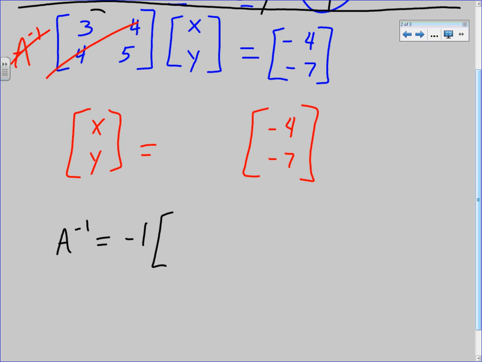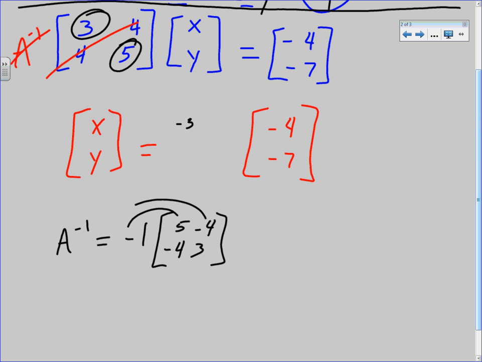All right, 3 and 5 trade places, and these two become opposites. Now once we do our scalar multiplication, it becomes -5, +4, +4, and -3. And so therefore, we have the inverse matrix right there in black.